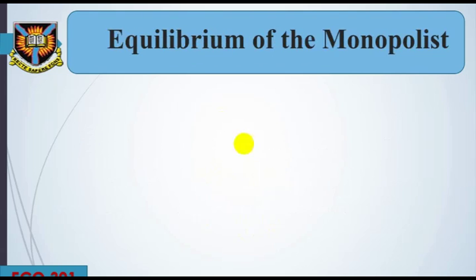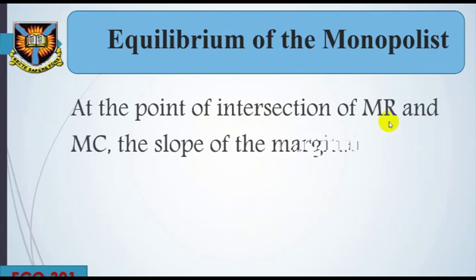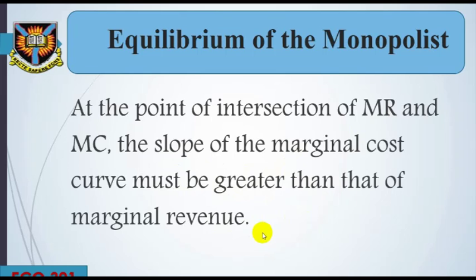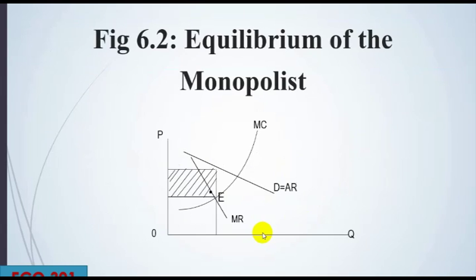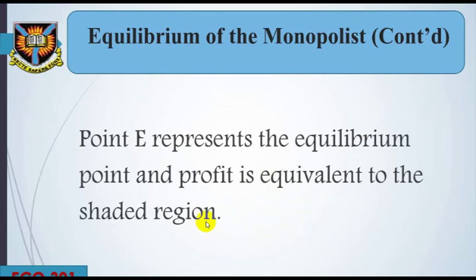Equilibrium of the monopolist. The monopolist maximizes profit at the point where MR is equal to MC. At the point of intersection of MR and MC, the slope of the marginal cost curve must be greater than that of marginal revenue. Point E represents the equilibrium point and profit is equivalent to the shaded region.